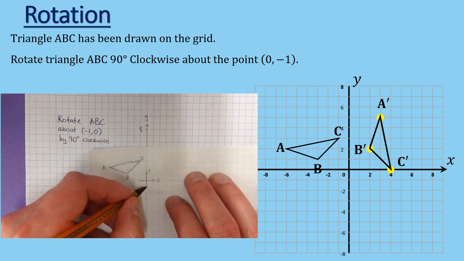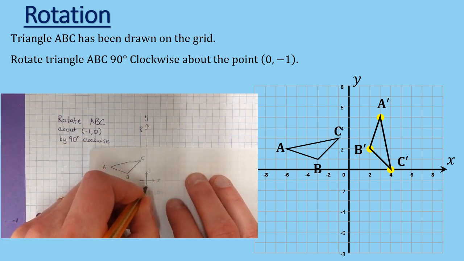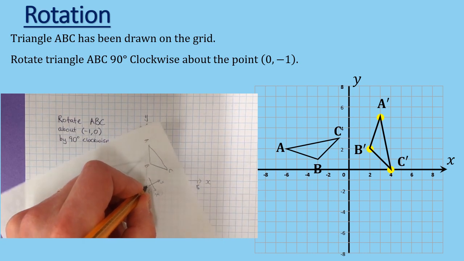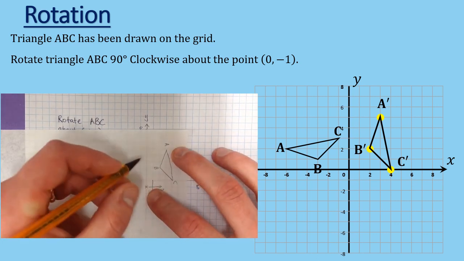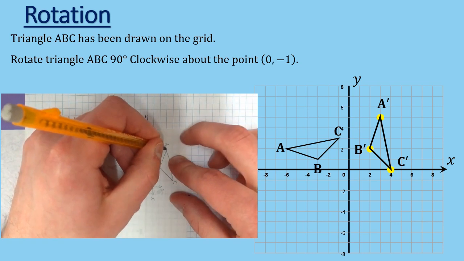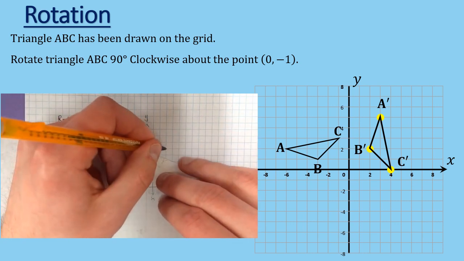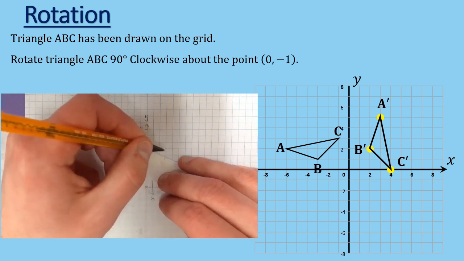Place the point of your pencil on the center of rotation. And, while keeping the center fixed, rotate the tracing paper by the desired angle and direction, using the line parallel to the axis as a guideline for the required angle. Using the tracing paper as a guide, press firmly on the vertices of the shape to mark them on the coordinate grid.